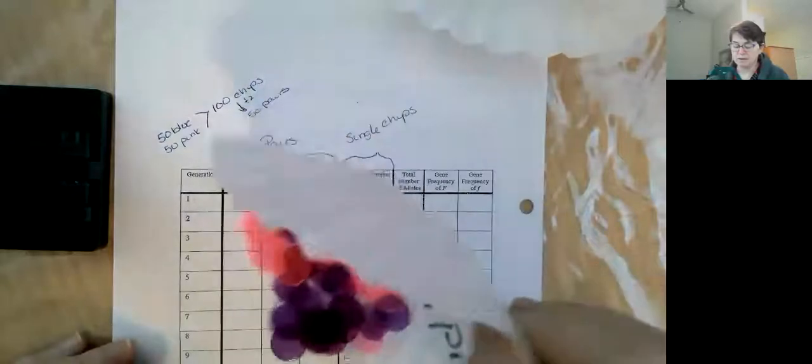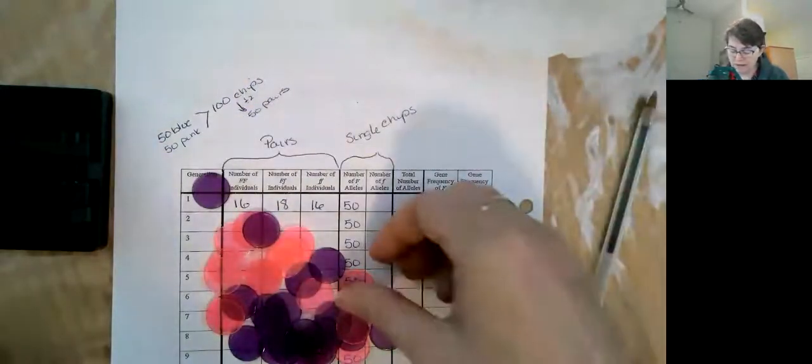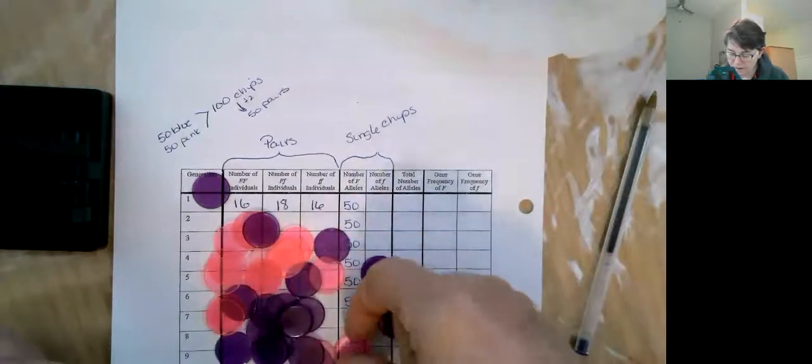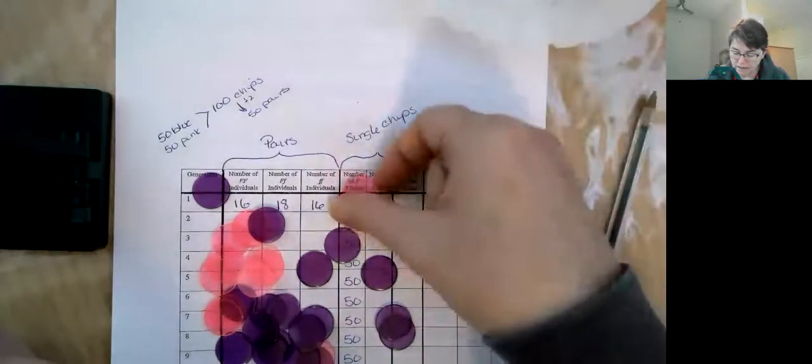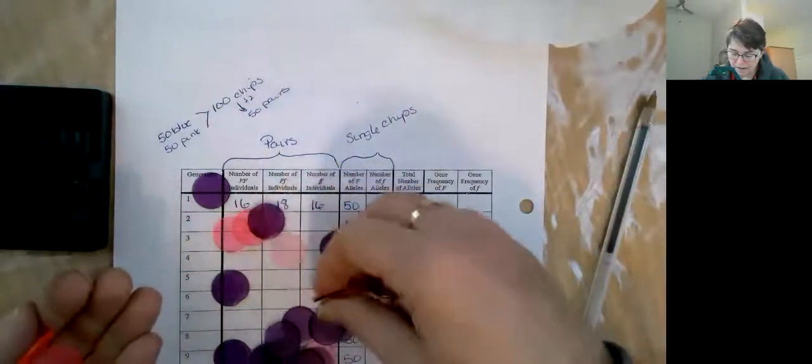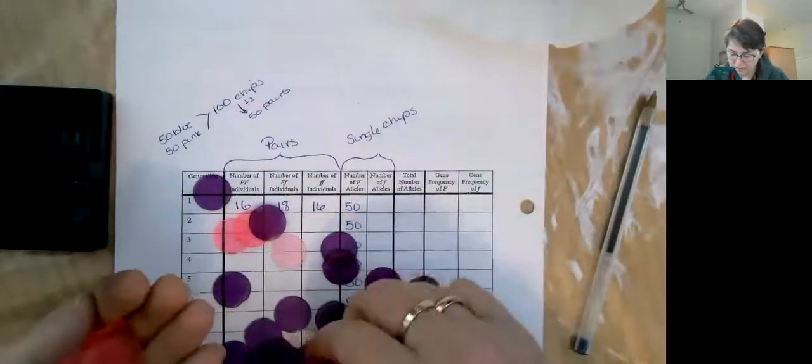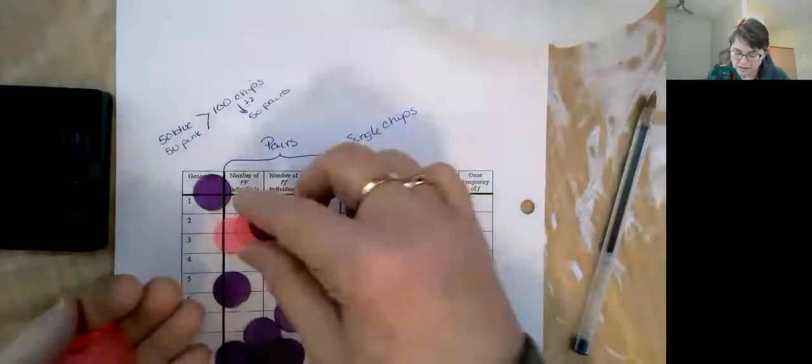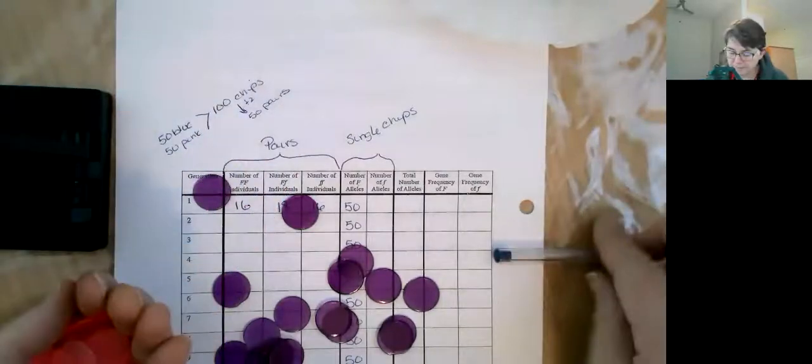What we do need to count though every round is the pink ones. So how many pink ones do I have left? 1, 2, 3, 4, 5, 6, 7, 8, 9, 10, 11, 12, 13, 14, 15, 16, 17, 18. 18 pink ones.